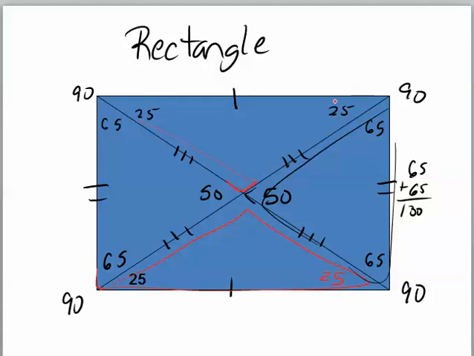So 25 and 25 is 50. 180 minus the 50 leaves me 130, and I can copy that to the vertical. We can also use the fact that the 50 and the 130 are a linear pair. They have to add up to 180. So in addition to what we know about a parallelogram, a rectangle has all of those properties. Because it's a parallelogram, it also has four right angles, diagonals are congruent, and it forms isosceles triangles.